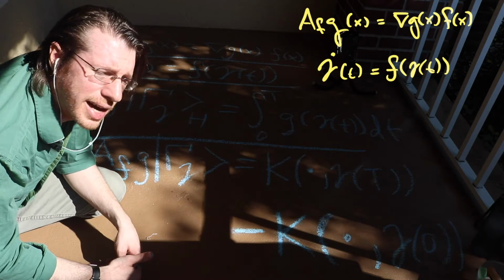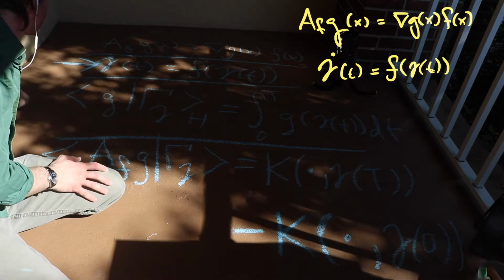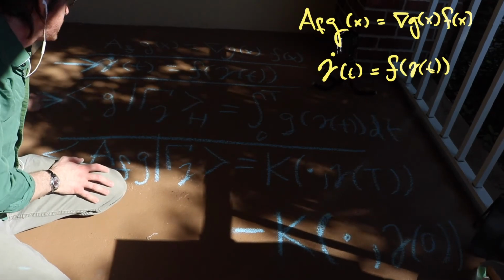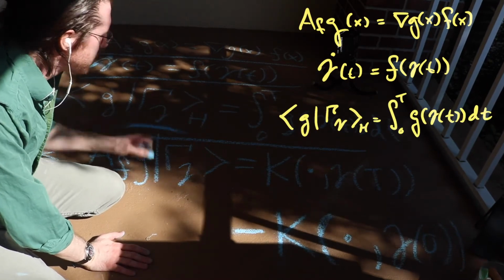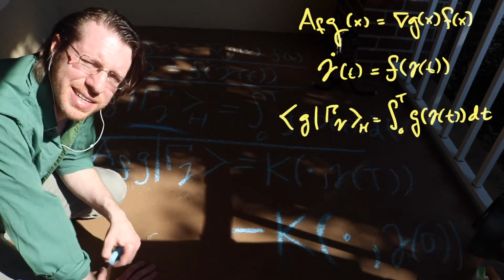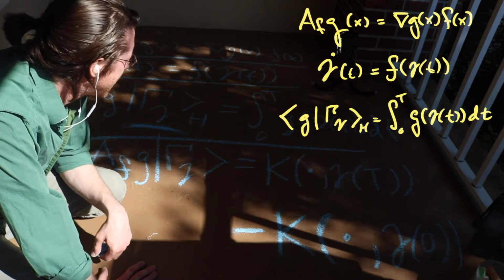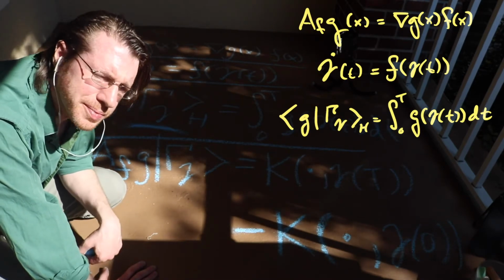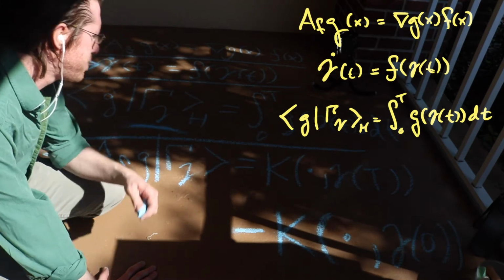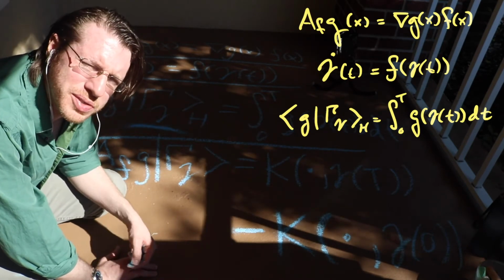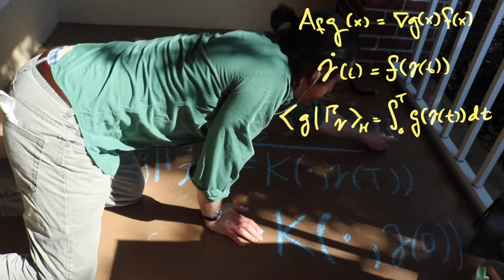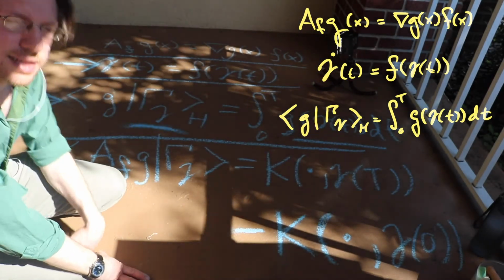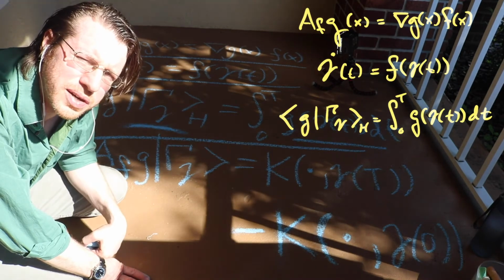What we're going to do that is we take a look at what we're calling occupation kernels, these Γ sub γ. So I put big Γ with subscript little γ, and these occupation kernels basically represent functionals in our reproducing kernel Hilbert space, where that functional is integration after composition with our trajectory.